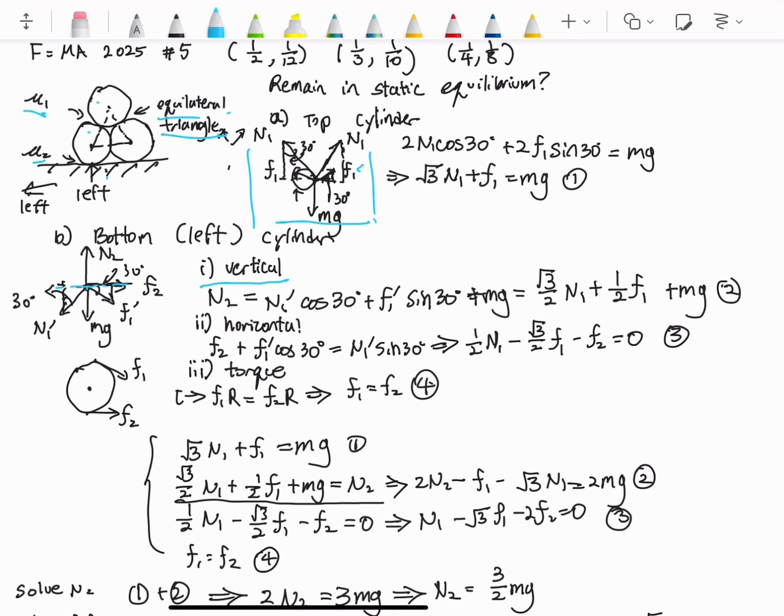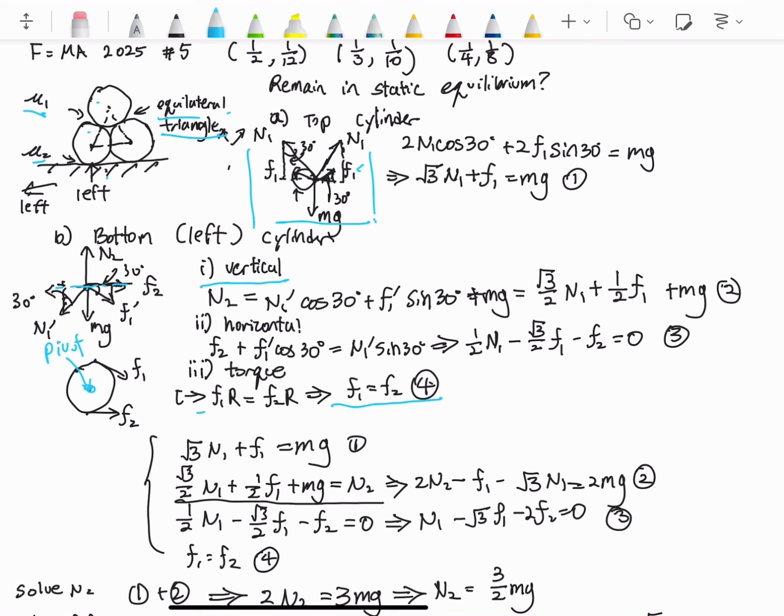So only the frictional forces exert the torque. If we take the center of the cylinder as the pivot, then we get F1 times the radius is equal to F2 times the radius. From this equation, we get that F1 is equal to F2.